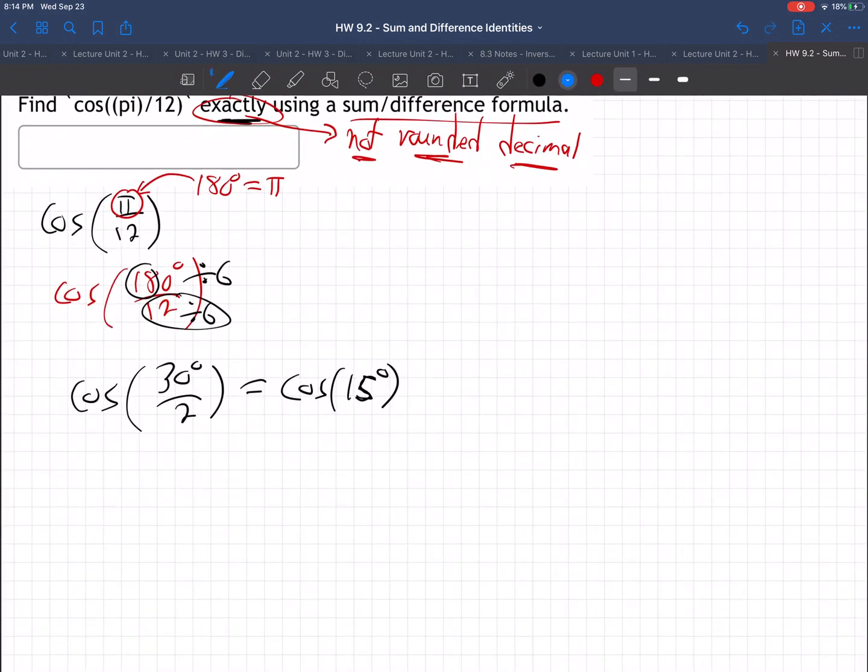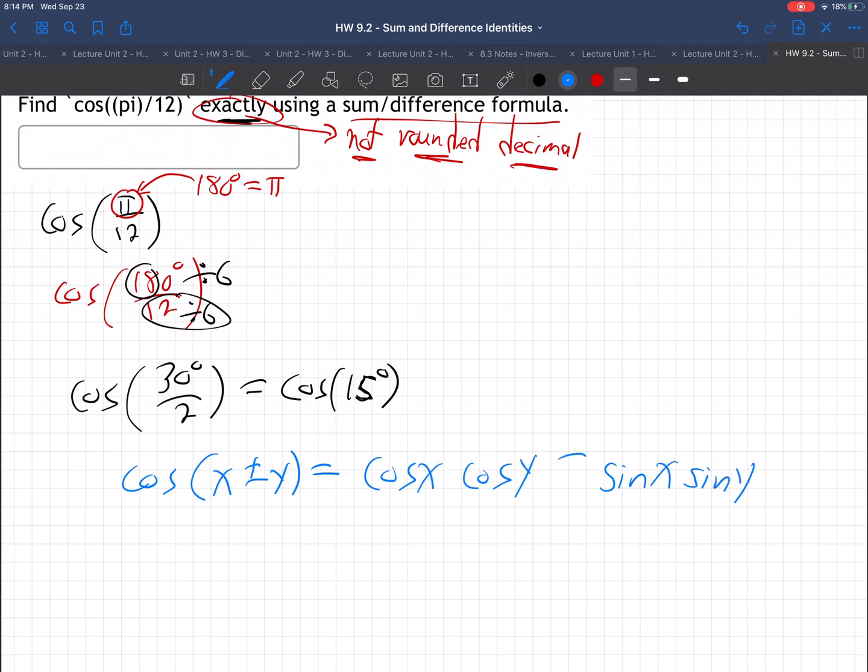That says the cosine of x plus or minus y is cosine x cosine y, sine x sine y. And you put x here, y here, x here, y here, and you put minus plus, right? It's the opposite sign. That's what they're saying when they put this upside down from that.